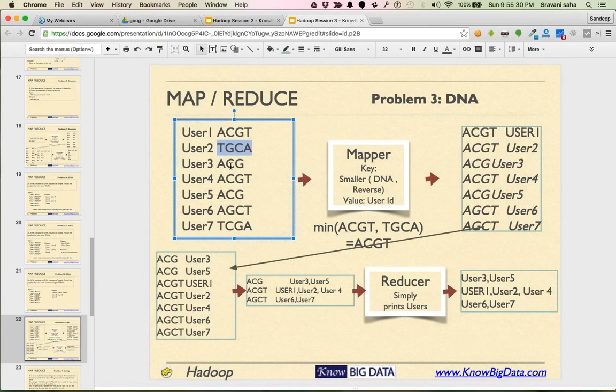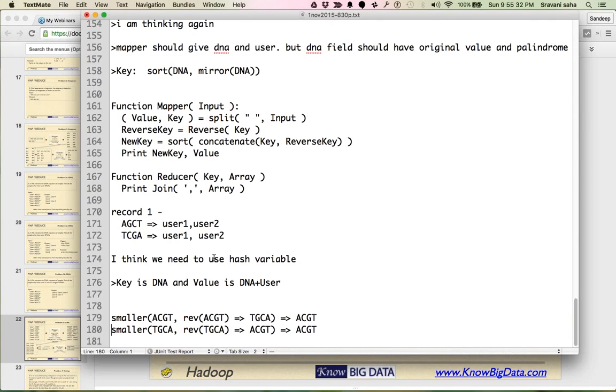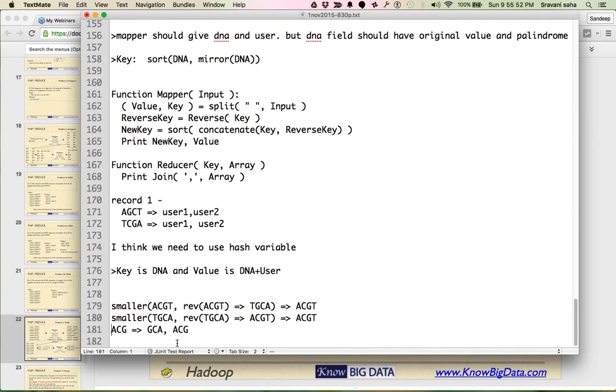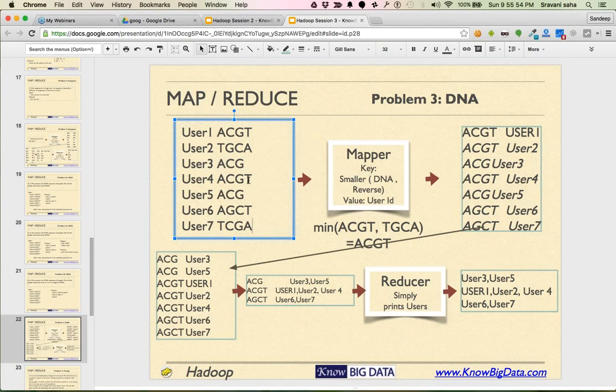Now let's pick the third one. The reverse of this one is GCA, and who is smaller out of ACG and GCA? The ACG, right? So our key becomes that one.